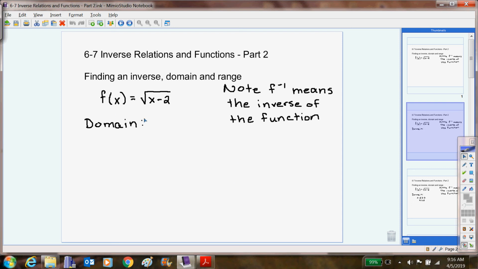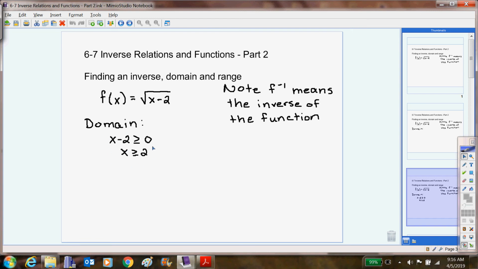Our domain here, since we're looking at the values that x is allowed to be, remember you can't have the square root of a negative and still have real numbers. So that means x is allowed to be anything as long as x minus 2 is greater than or equal to 0. We can't have it be negative. You need to write this down because it's most likely not something you're going to think about off the top of your head.